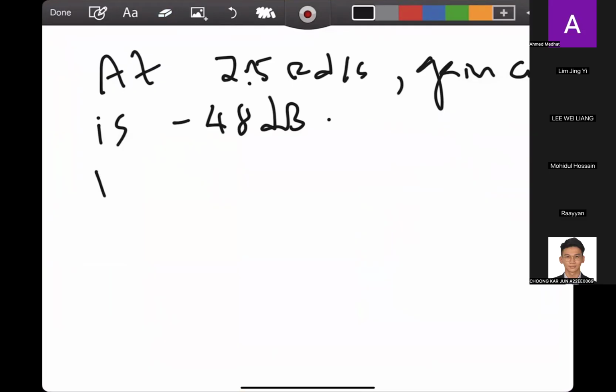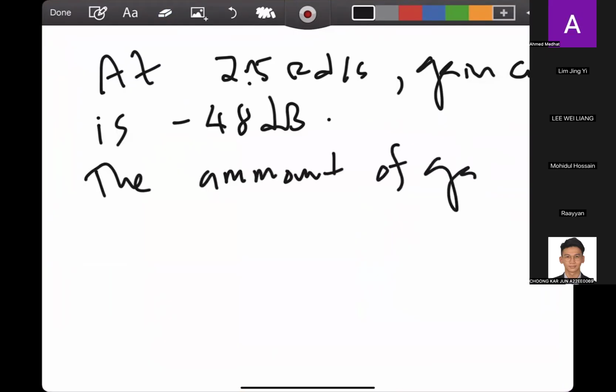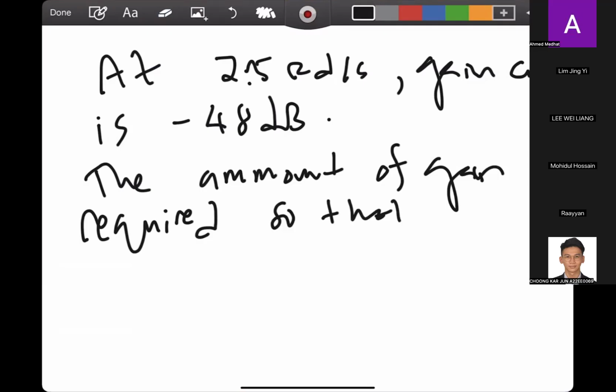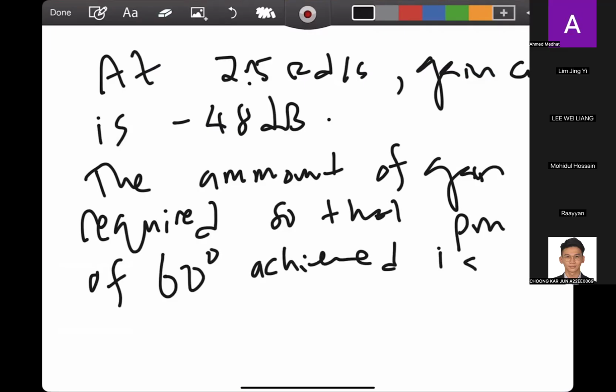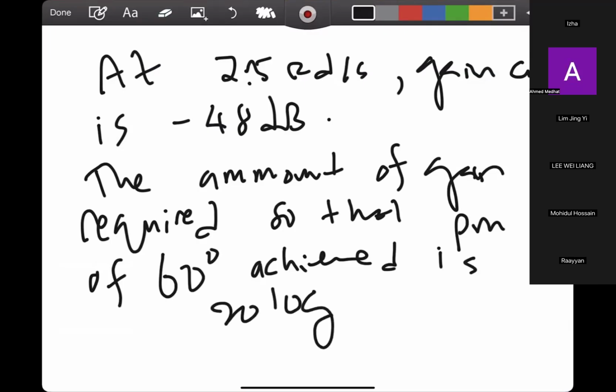So the amount of gain required so that a phase margin of 60 degrees is achieved is 20 log K = 48 decibel.